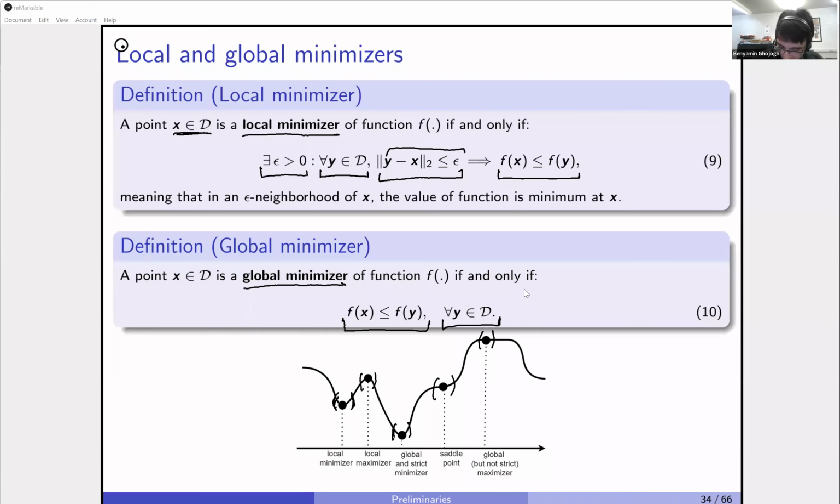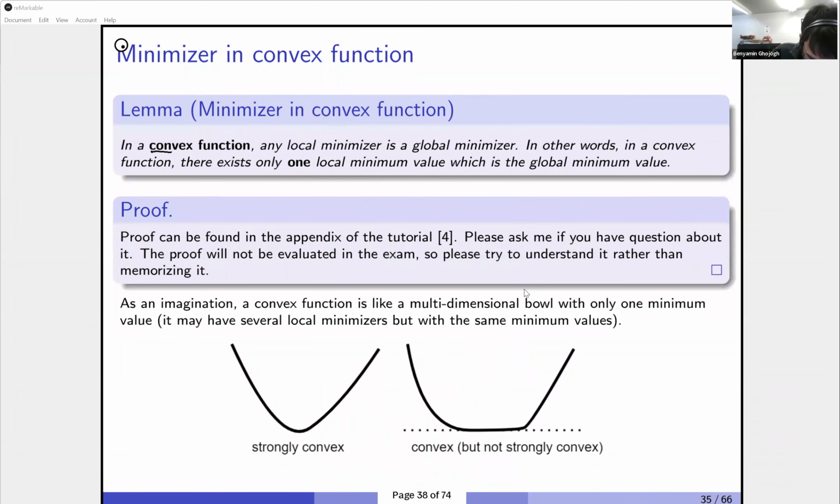And if we have a convex function, we'll talk about it. Okay, in a convex function, any local minimizer is a global minimizer. We might have several local minimizers like this. When we have a convex function, this is a local minimizer, this is a local minimizer, this is a local minimizer, all of these are local minimizers.